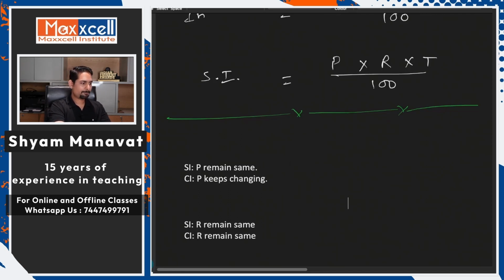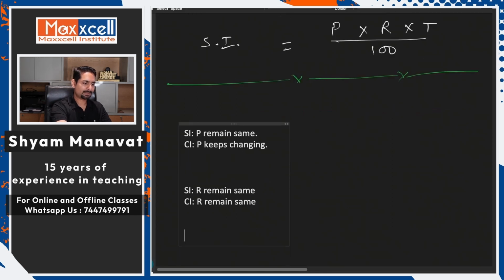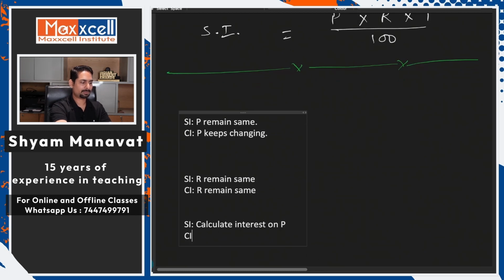Correct? In simple interest, every year we calculate interest on the original principal, the initial value, right? Whereas in compound interest, we calculate interest on principal as well as interest on interest.